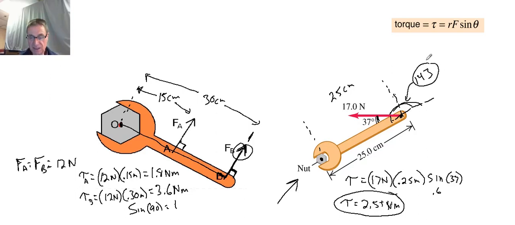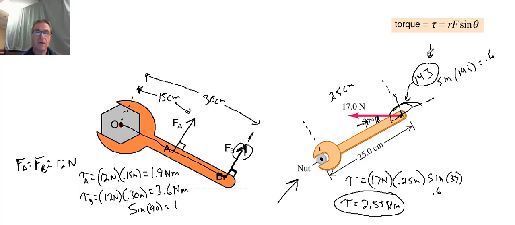If you plug the sine of 143 degrees into your calculator, what you're going to get is 0.6. So the sine of 143 degrees is equal to 0.6. It doesn't matter which angle you use, whether you use the 37 here or you use the 143, you're still going to get the same answer. So this is a very basic example of how to calculate the torque on a given wrench in this case.